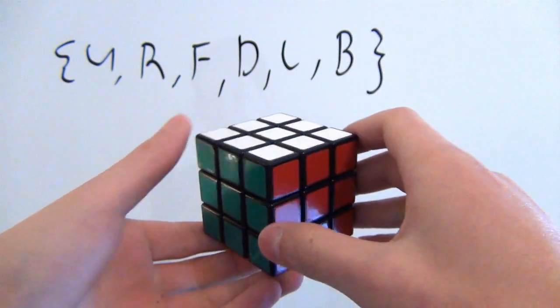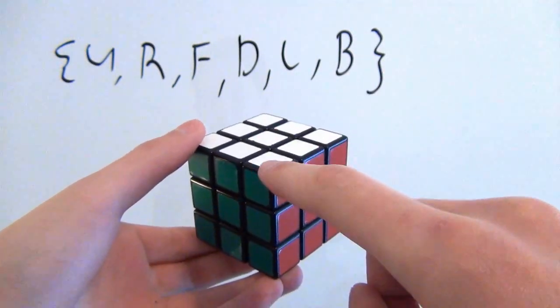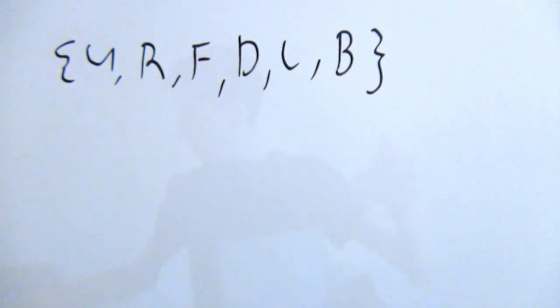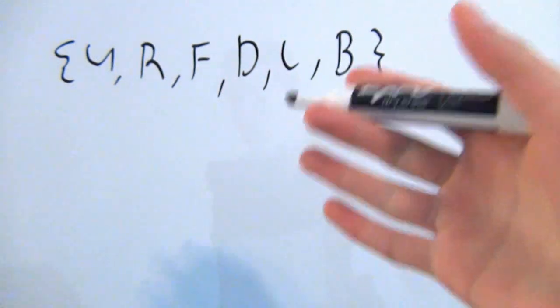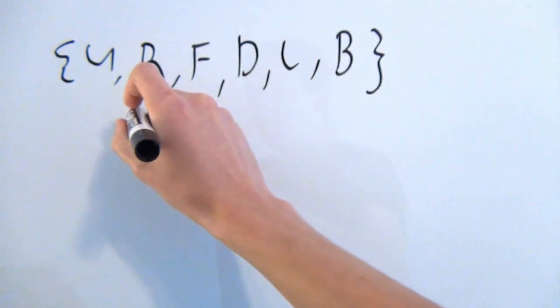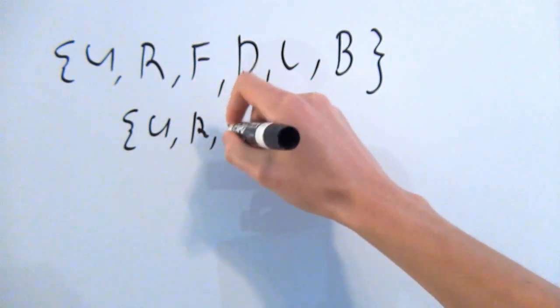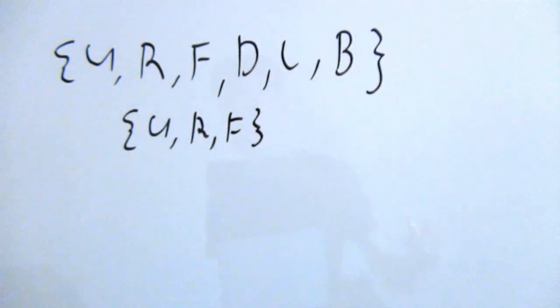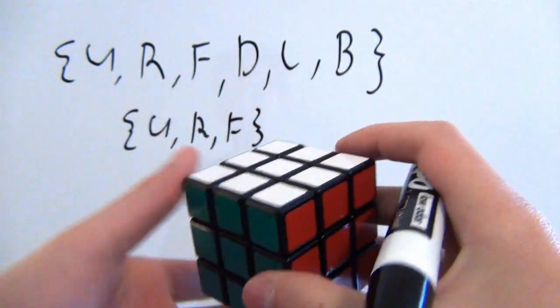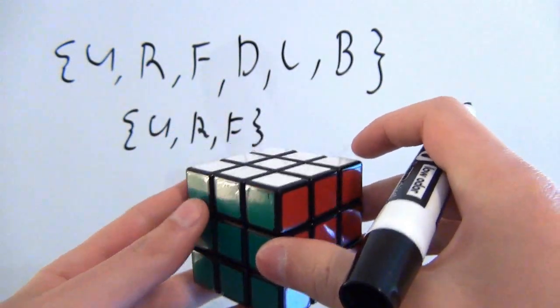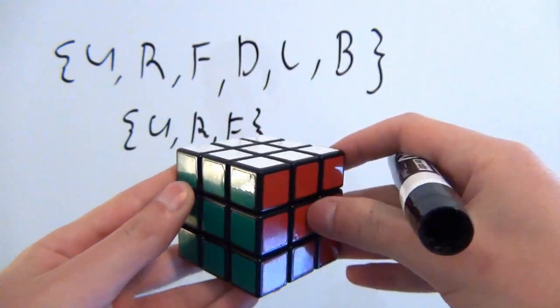So any of those 3 grips will move this particular corner. So what that means is we can denote that corner piece with a grip signature. We can define that corner piece to be U, R, F. Okay? So that means that this corner piece has this grip signature. All that means is that these 3 grips will move that piece.